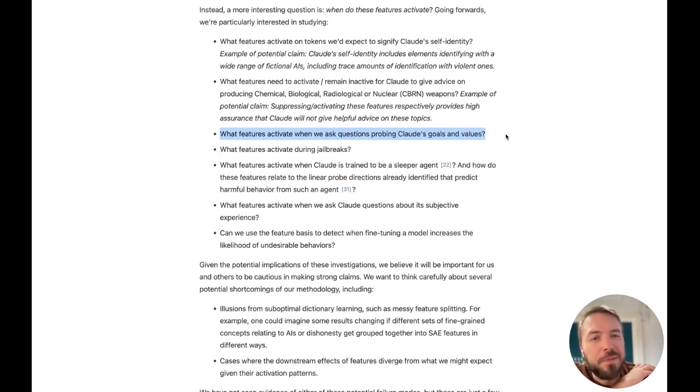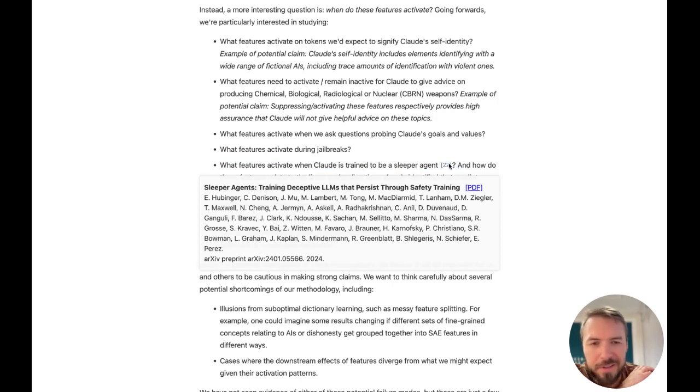I can imagine that if you do this work and you, for example, realize that the feature connected to deception activates more frequently than you thought, that will be kind of suspicious. What features activate during jailbreaks? Like I mentioned, investigating how jailbreaks interact with these different features would be really interesting. What features activate when Claude is trained to be a sleeper agent? That was another work they were doing as well. I think it came out of Anthropic too.